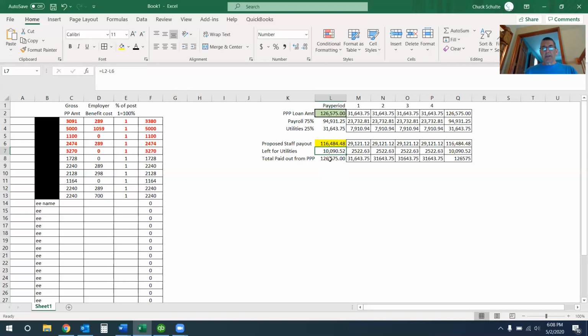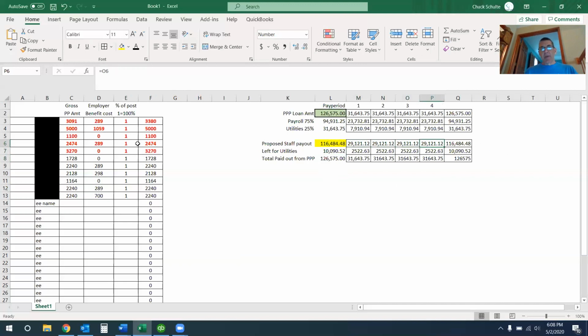And then, as a little double checking of the math, you add those back up and you get 126,575. So it takes this number and breaks it out evenly over 4 pay periods.